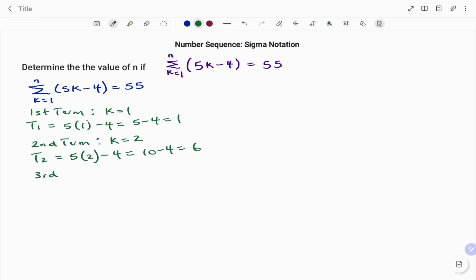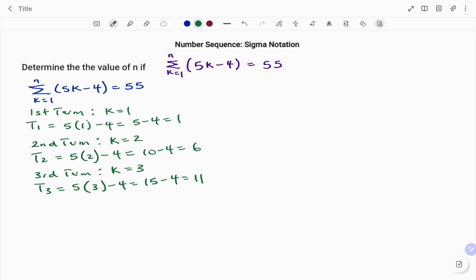To find the third term, the value of k is equal to 3. Therefore, our t3 equals 5 times 3 minus 4, which is 15 minus 4, which is equal to 11.